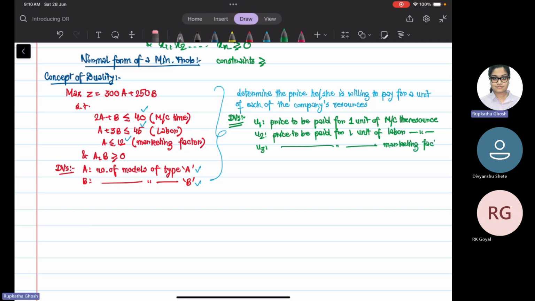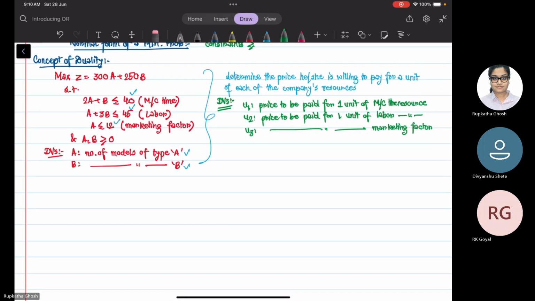So can you tell me what is the objective here? Can you tell me what is the total price that should be paid? It would be to minimize the overall price.